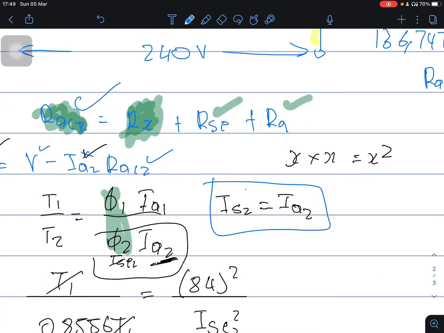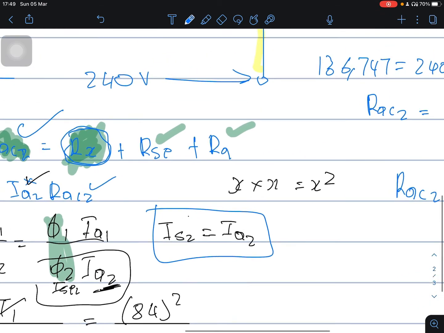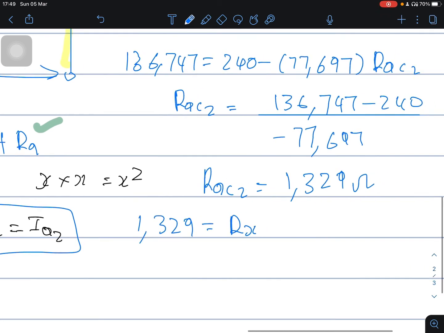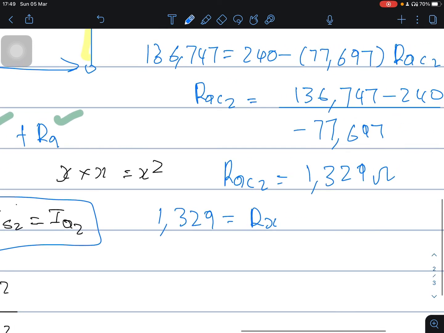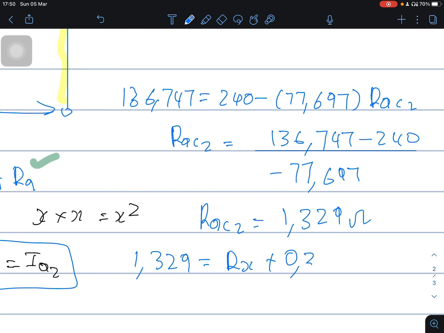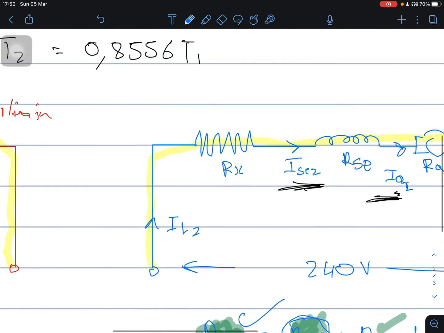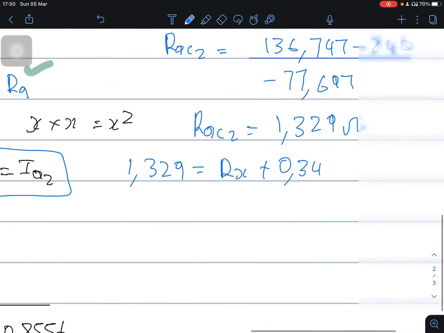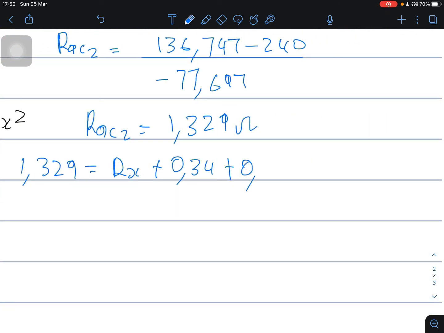Now the question wanted this Rx, so we can calculate Rx by substitution. 1,329 equals Rx plus R series, which was 0.34, and then R armature, which was 0.46.